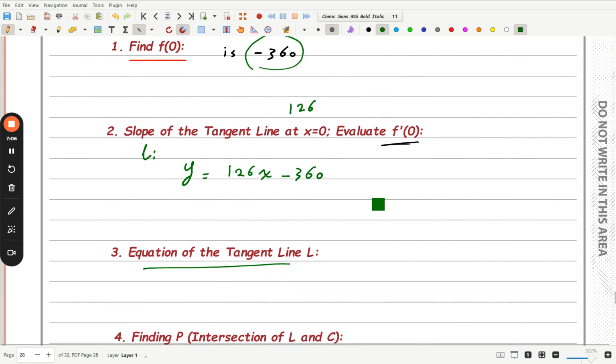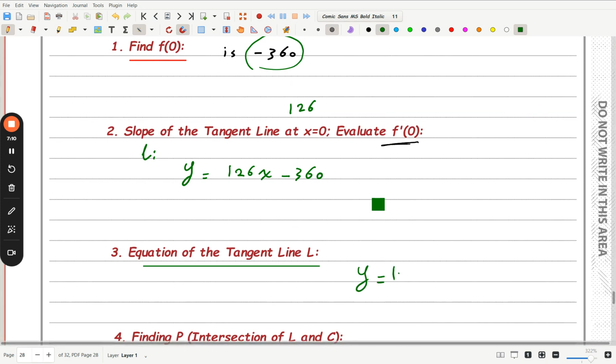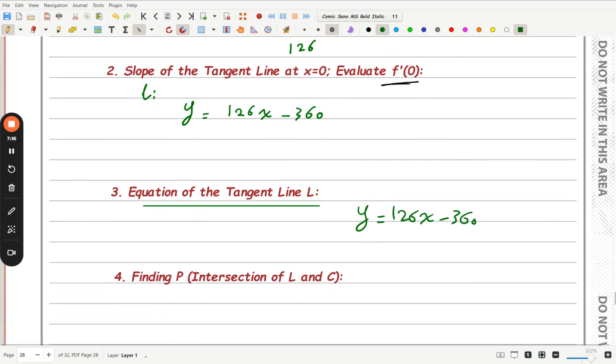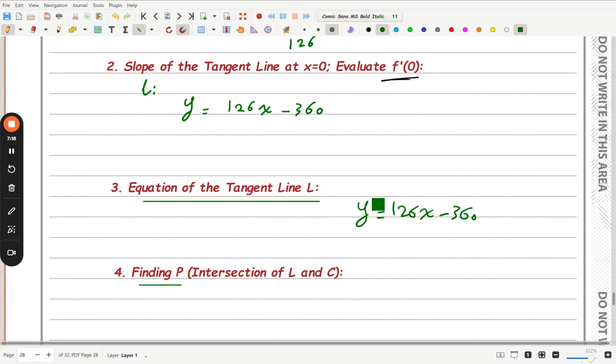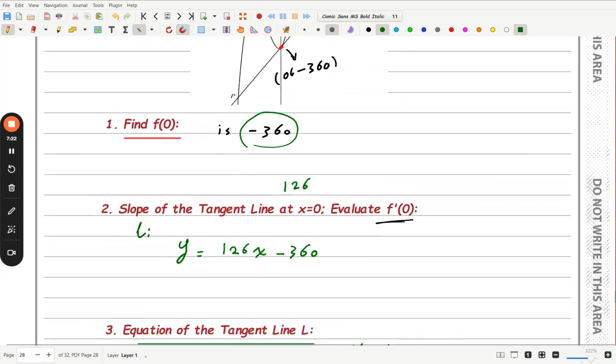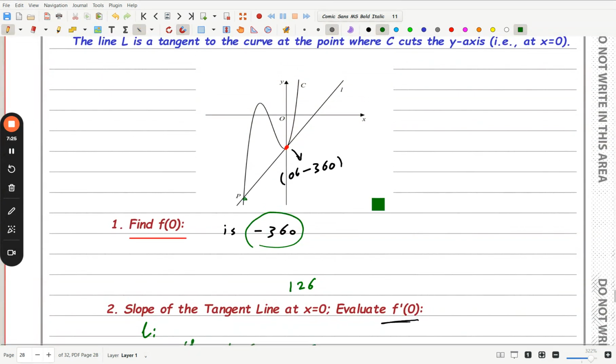Yes, this is the equation of the tangent line. Again, I will write here y equals 126x minus 360. Now we need to find the intersection point of L and C. This is the intersection point here, which is P, and we need to work it out.